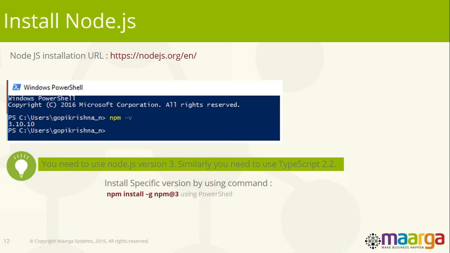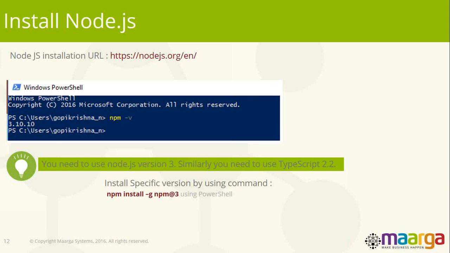Please remember that Node.js can be used for several other things, it is more like a standalone runtime environment, and currently SharePoint supports version 3. So we have to make sure what version of Node.js we are installing.